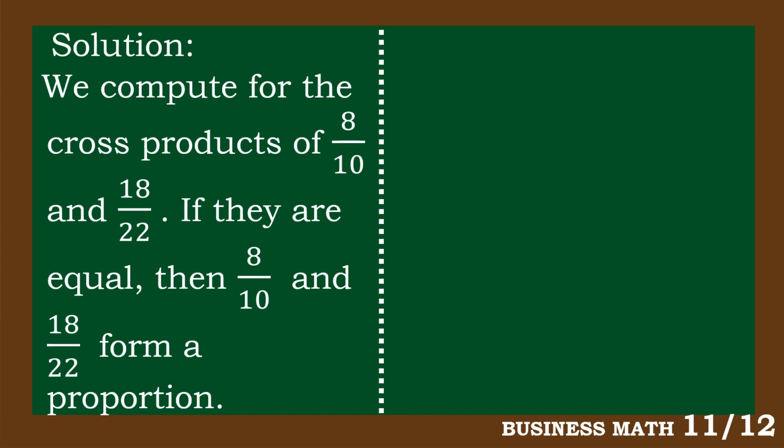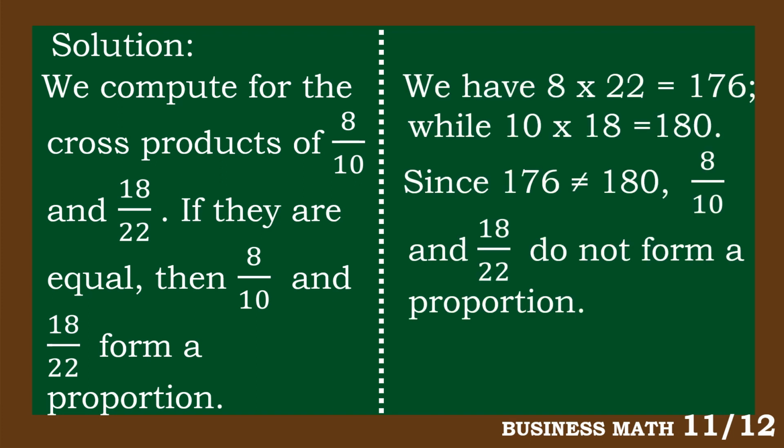If they are equal, then 8/10 and 18/22 form a proportion. To do that, we have 8 times 22 is equal to 176, while 10 times 18 is equal to 180. Since 176 is not equal to 180, then 8/10 and 18/22 do not form a proportion.